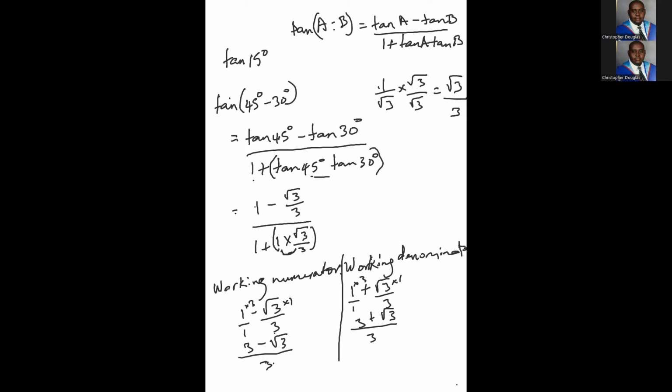So technically, I'm supposed to divide the numerator by the denominator. So technically, this is what I have. When I work out this now, I would have 3 minus root 3 over 3 divided by 3 plus root 3 over 3.